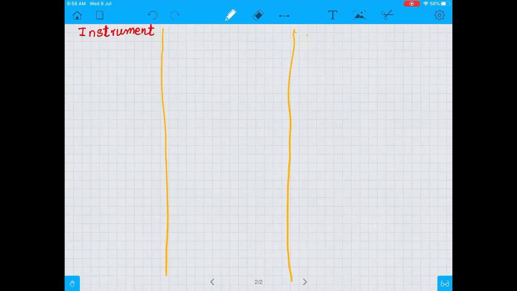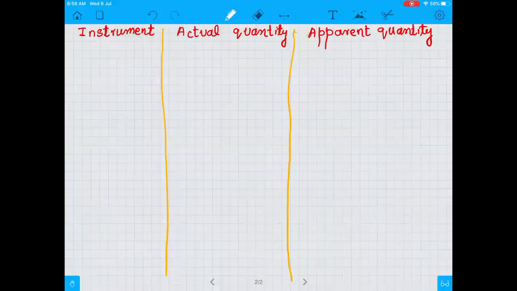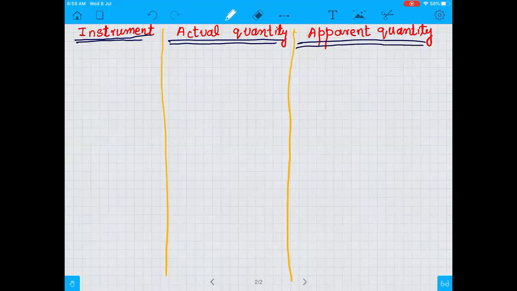So name of instrument, what is the actual quantity and what is the apparent quantity. So three things. First of all, instrument, then we have actual quantity, and then we have apparent quantity.